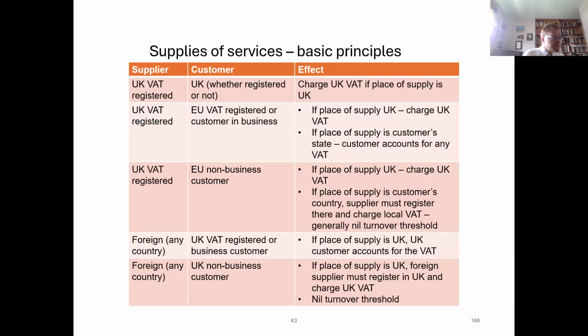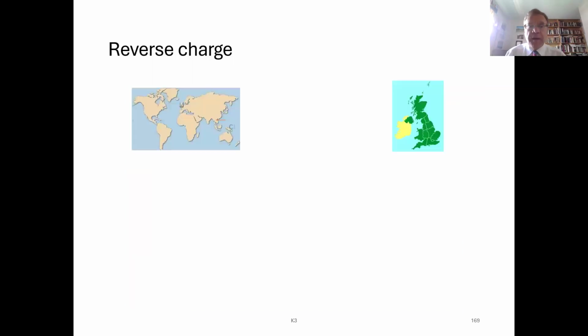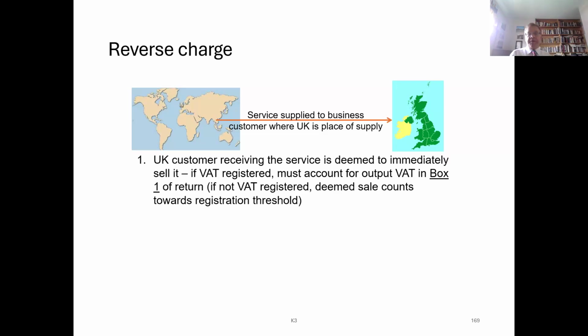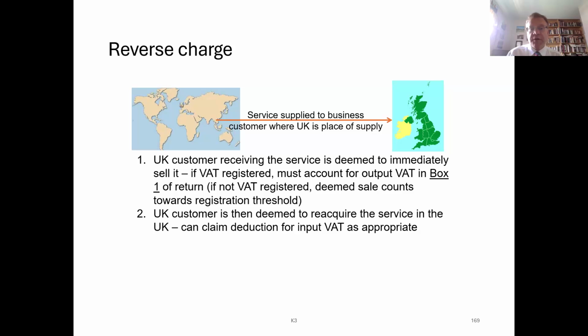Reverse charge. So when I look at the reverse charge, what I'm looking at is services supplied to business customers, where the UK is the place of supply. The UK customer receiving the service is deemed to immediately sell it. If VAT registered, it must account for output VAT in box 1 of the return. If not VAT registered, the deemed sale counts towards the registration threshold.